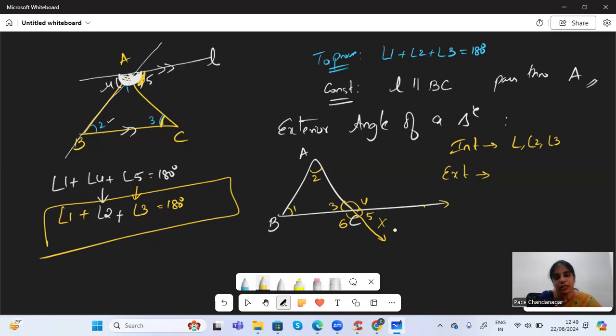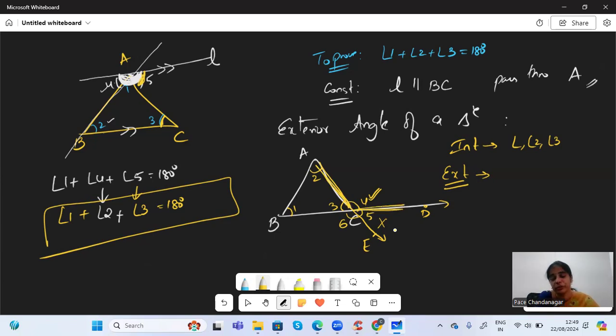See, if AC and BC are forming, yes, that is 3. AC with BC extended, let me consider D here. Let me consider E here. So that is angle 4. Clear? So an exterior angle is nothing but the angle that is formed with one of the sides along with the other extended side. Is that clear?